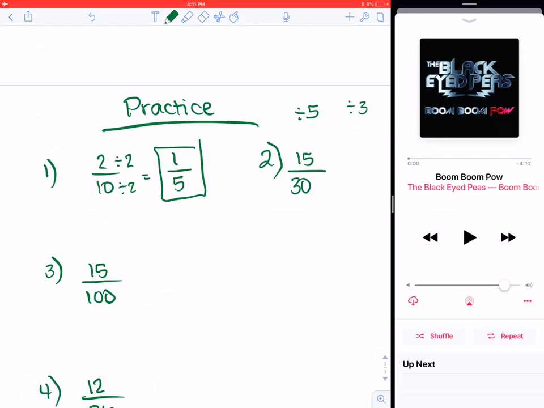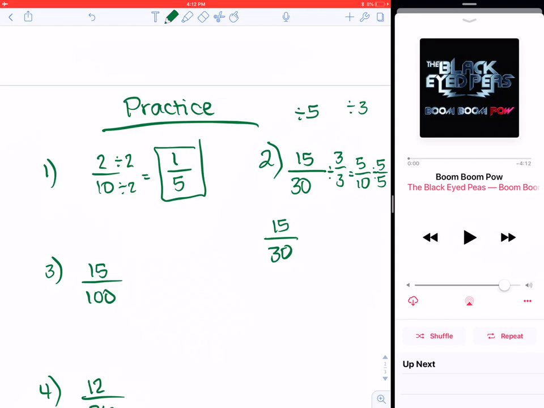So if I were to choose to divide by 3, I would get 5/10. But that can't be my final answer because in this 5/10, it ends in a 5 and a 0. So I can also divide by 5.